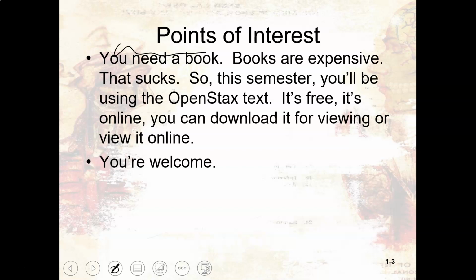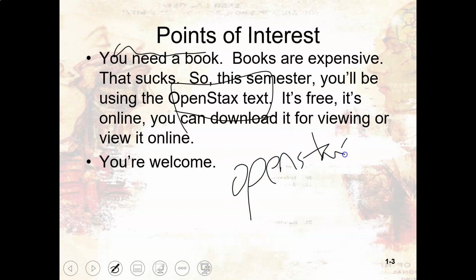So, if you do end up needing a reference text, OpenStax.com. OpenStax. Free textbooks published by Rice University. Excellent textbooks on par with any of the ones that you would pay $350 for.